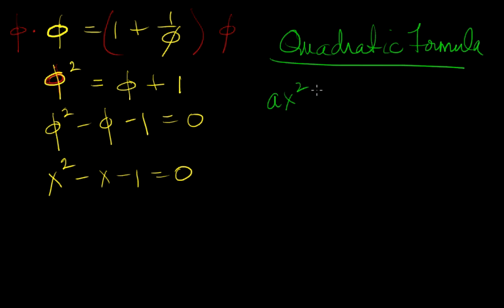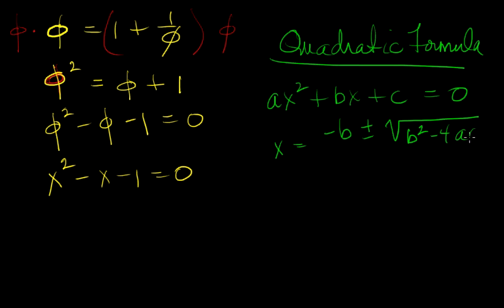It says that if you have ax squared plus bx plus c is equal to 0, a, b, and c being real numbers, then x is equal to minus b plus or minus the square root of b squared minus 4ac, all over 2a. So in our case here, we have a is equal to 1, b is equal to negative 1, and c is equal to negative 1.